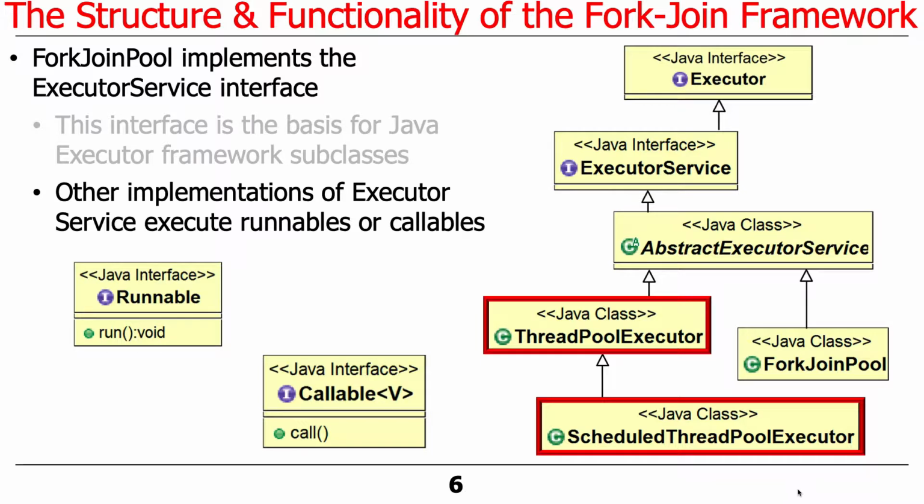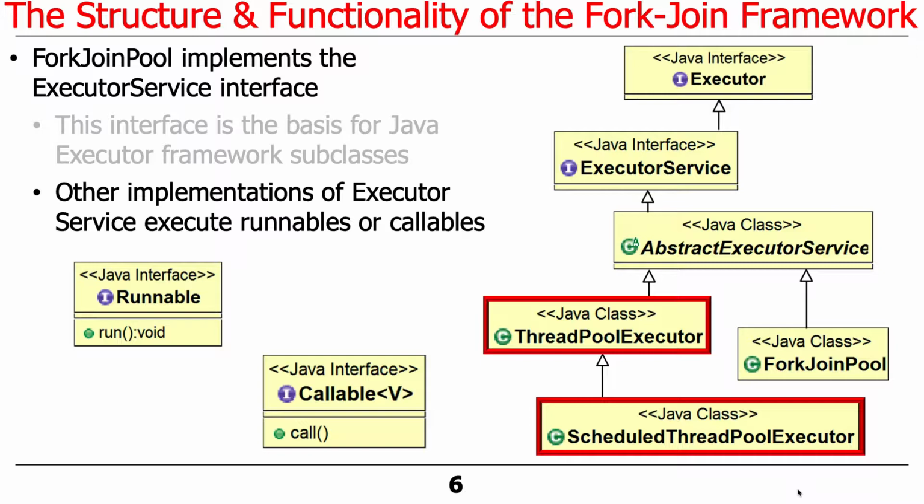These other implementations of the executor service are used to execute implementations of common interfaces called runnables and callables. Runnable is a very, very simple interface. It has a single method called run. This is basically the command pattern or the command processor pattern.